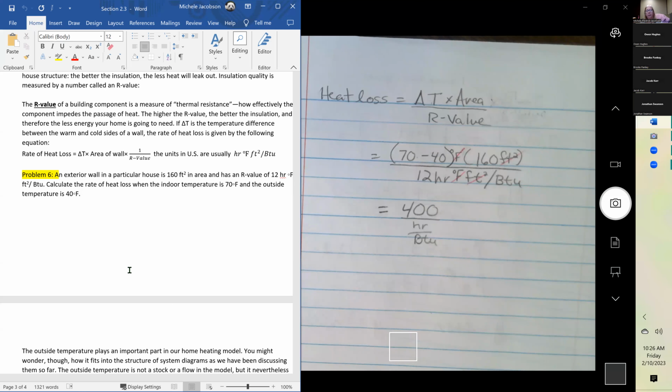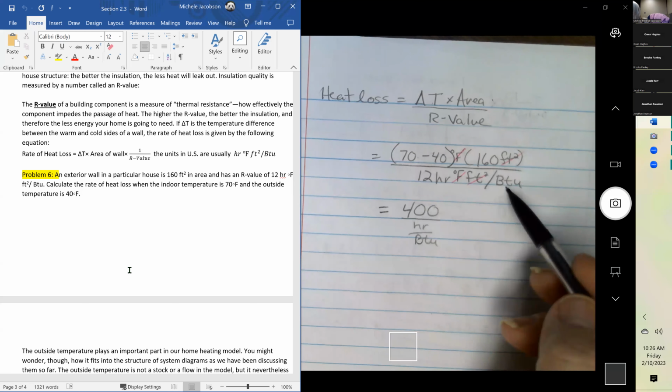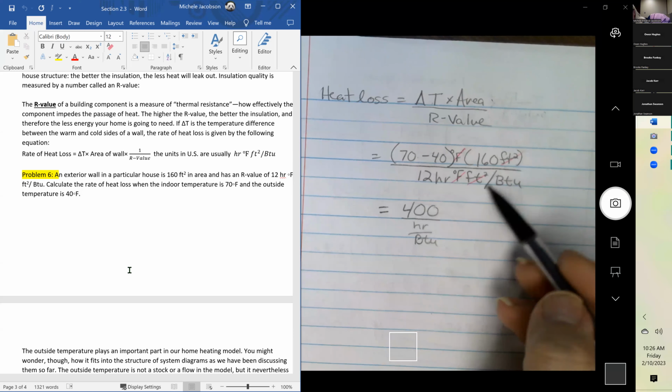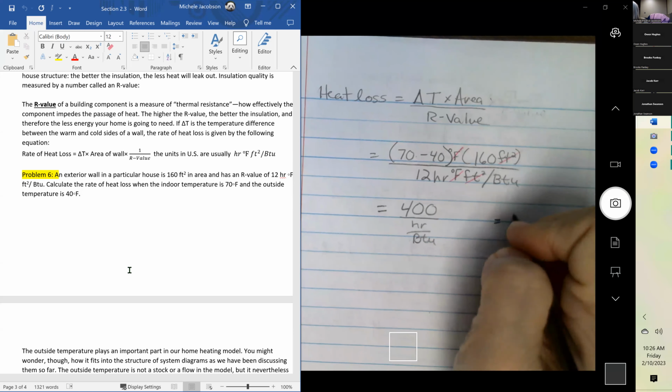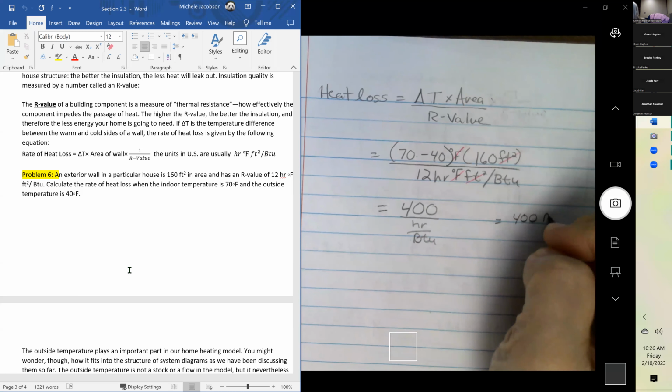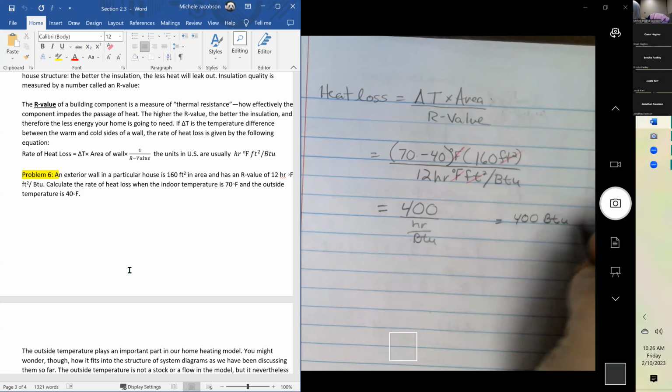Everyone getting the 400? Now, this BTUs, because the division, I wanted to show you how it becomes 400 BTUs per hour.